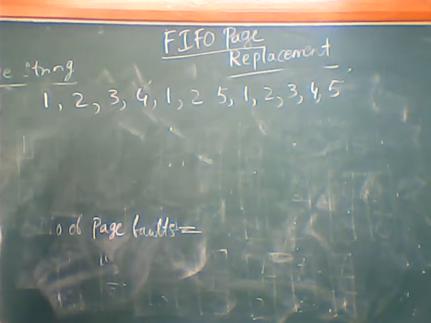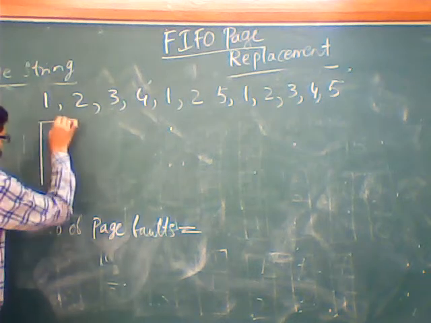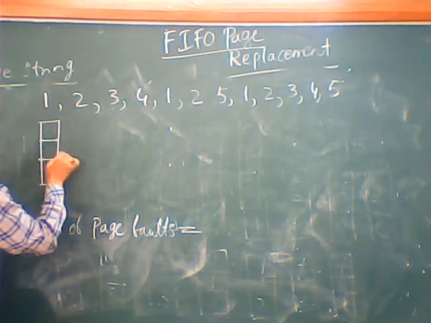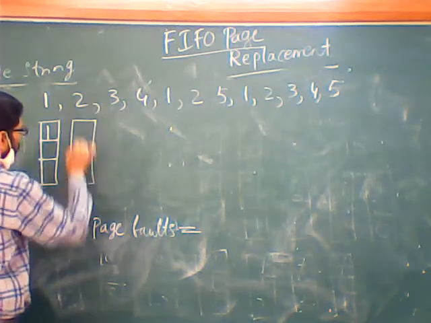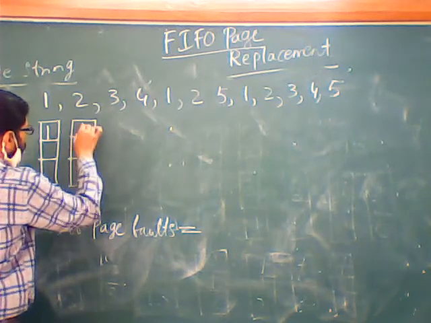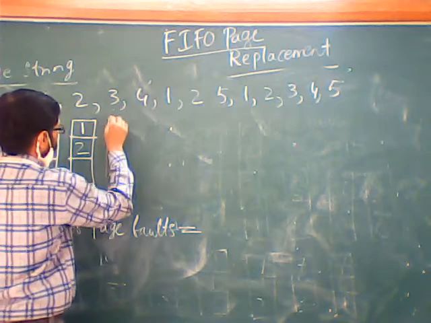So try solving it. Initially it will be empty. We'll put 1 first and next we'll take 2. 2 is not available, so again there is a page fault. Next 3 is also not there, again a page fault.